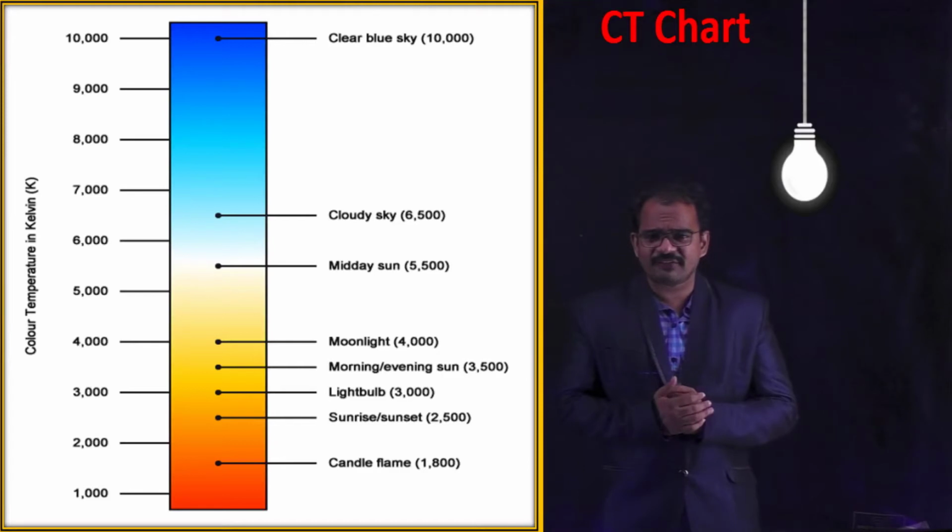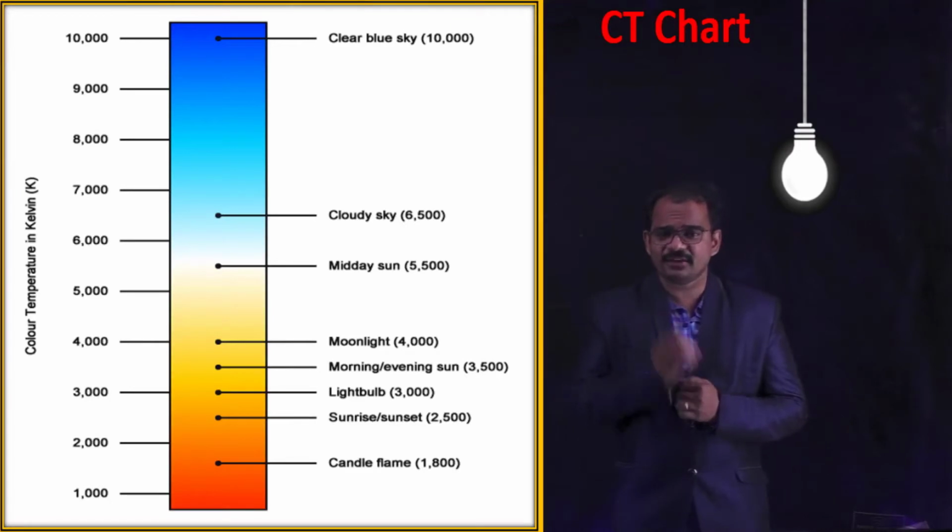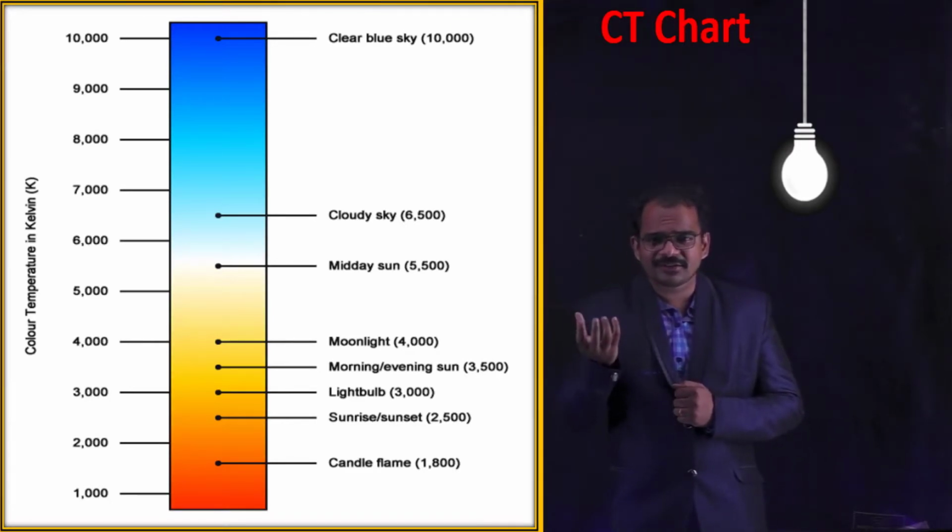And finally we have a candle flame. When you light a candle, it gives a yellowish flame, and that flame has a color temperature of 1800 Kelvin. So this 1800 Kelvin corresponds to the color of a candle flame.